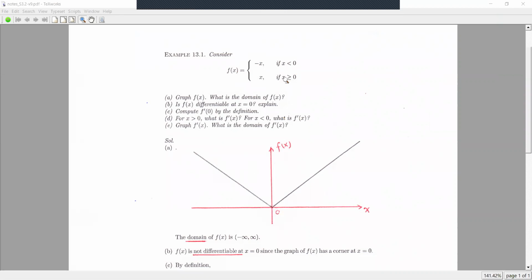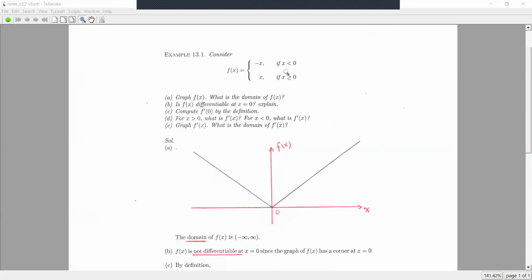When x is greater than or equal to 0, the graph is the graph of x. It is this line passing through the origin with slope +1. The domain of this function is from -infinity to +infinity, namely the set of all the numbers.